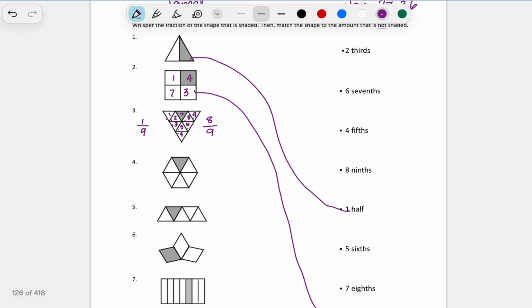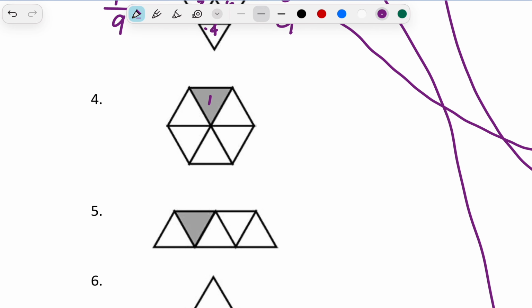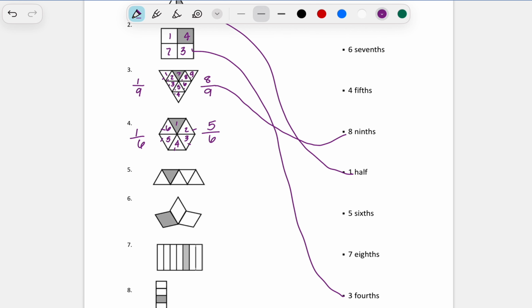There it is, right there. This one here is 1, 2, 3, 4, 5, 6. This is 1/6, which means that 5 out of 6 are not shaded. Let's count. 1, 2, 3, 4, 5. So that makes 5/6, which means I'm going to match it up to this one right there.